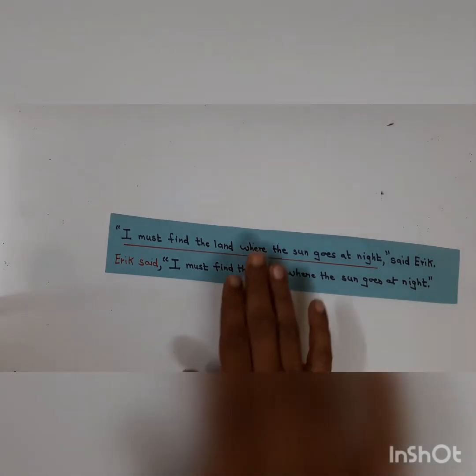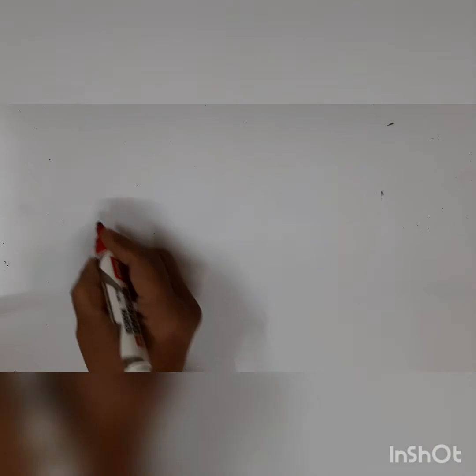Now, children, what about punctuation? As I said earlier, if the spoken words are followed by the details of a speaker, let's take another example. Let's take from Bani, the lesson you had, the stick in the dump. Let's take this example.